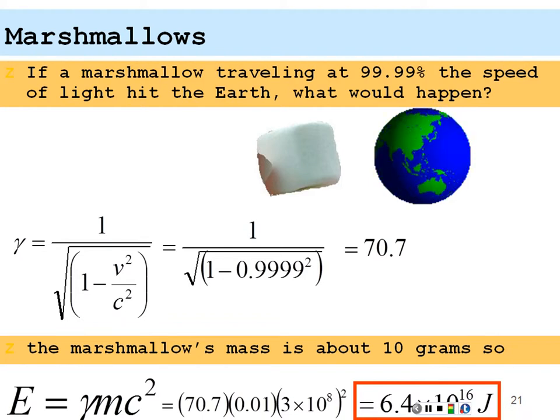This would be larger than the largest hydrogen bomb we have at the moment. That much energy from a marshmallow traveling at 99.99% the speed of light hitting the Earth would produce quite an explosion, and it'd be quite a catastrophe. So it's probably a good thing we don't have marshmallows traveling at us at 99.99% the speed of light.